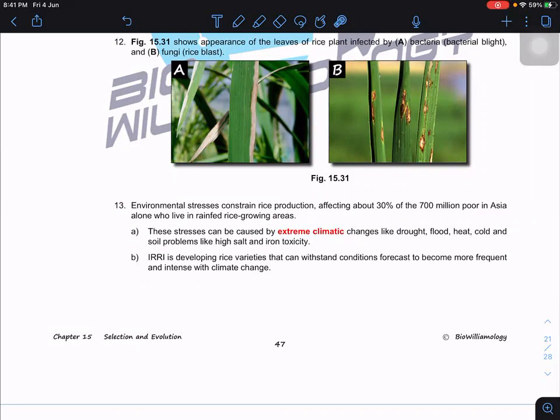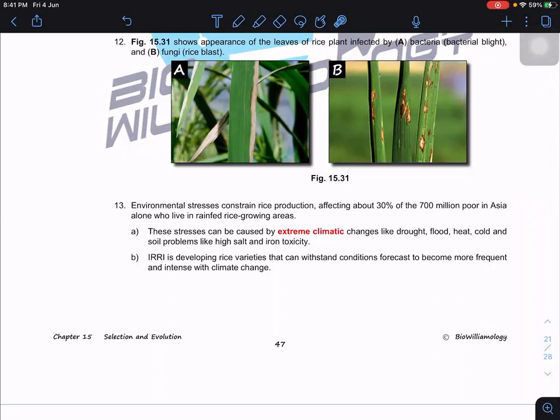So once we have introduced the new allele into the plants, how to do it, we're going to look at it in gene technology. But in this context for today, we just need to know that once we successfully introduce it, we have to do inbreeding, because inbreeding can help us to keep that particular desired characteristic.